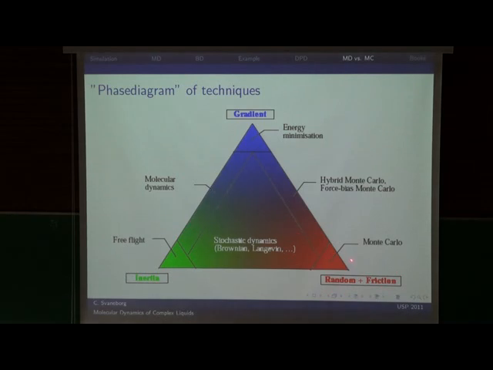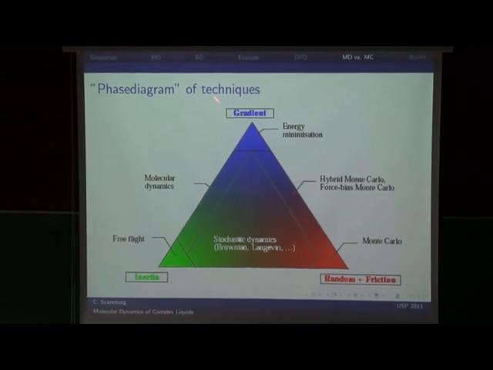And depending on how much we do this, we get inside the middle of this kind of phase diagram, where we would find Brownian dynamics, Langevin dynamics, and also dissipative particle dynamics. And Monte Carlo simulations is completely based on this concept of randomness, and lives down in this corner.